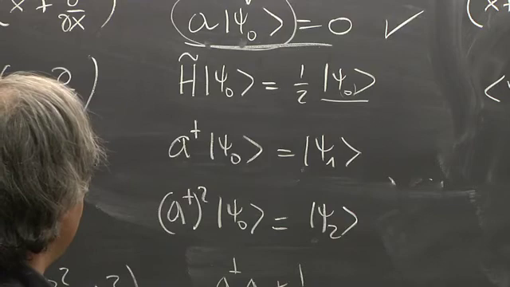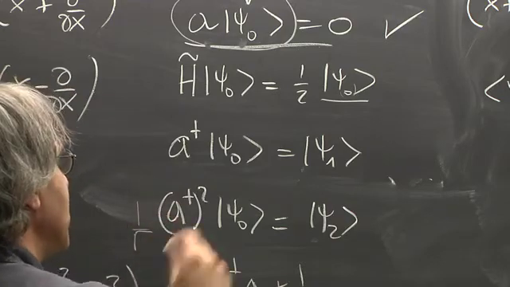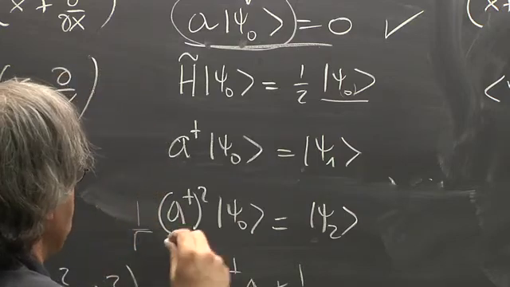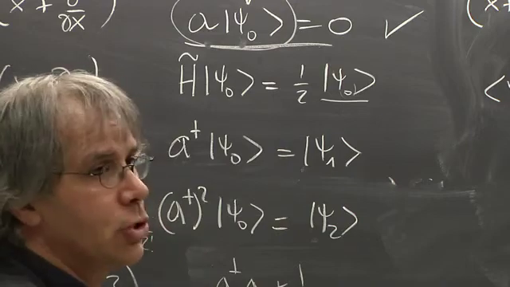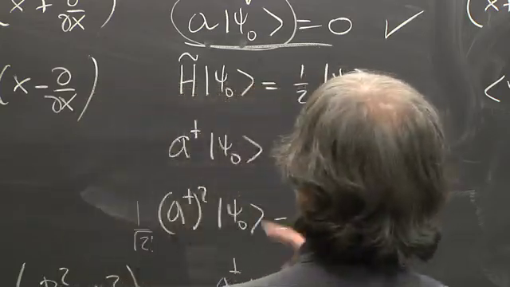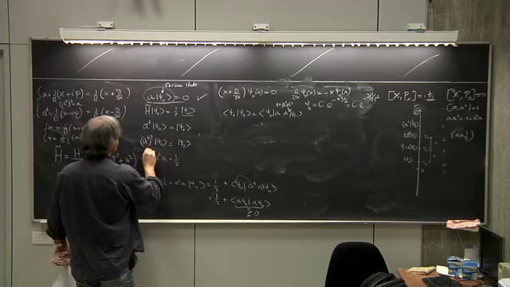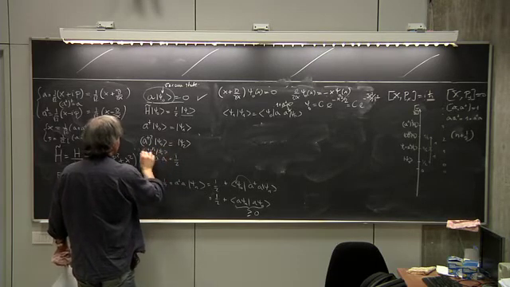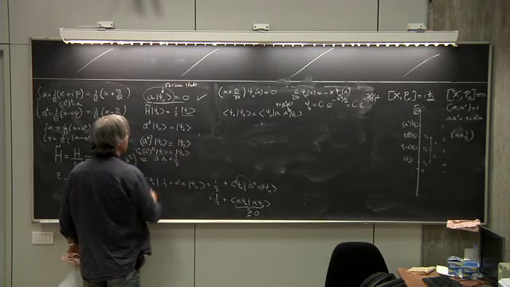In principle, you have to put a factor in front, which happens to be essentially related to 1 over the square root of factorial of 2 in this case, so just 2, in order to normalize it. And in general, all the psi n that you could construct in this way, A dagger n psi 0, have to be appropriately normalized in order to be of norm 1.